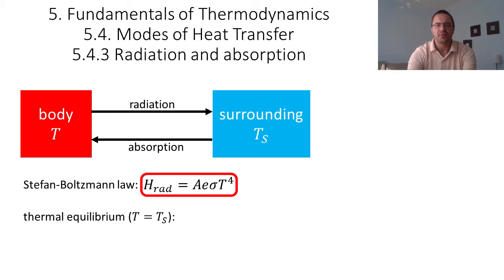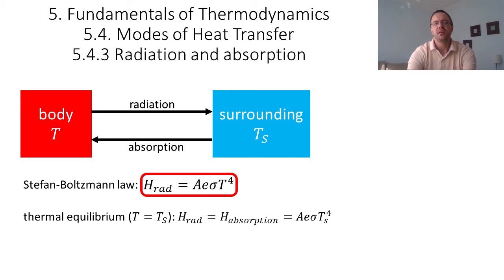And so a body will be in thermal equilibrium with the surrounding when the temperature of the body T will be equal to the temperature of the surrounding Ts. And at this point, the energy that is lost by radiation is equal to the energy that is gained by absorption. So H radiation must be equal to H absorption.